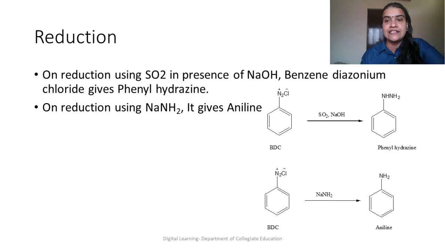Another reducing agent, sodamide, NaNH2, will lead to the formation of aniline. Just remember here, aniline can be converted to benzene diazonium chloride by diazotization, and benzene diazonium chloride can be converted to aniline by reduction using sodamide.